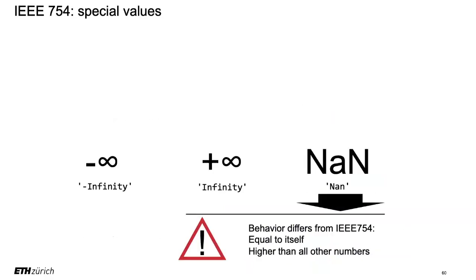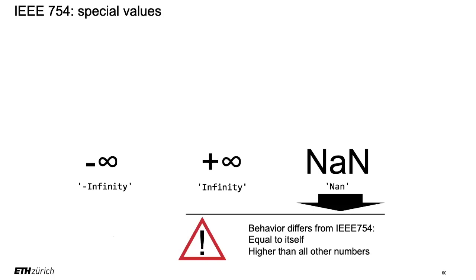Okay. Now, there is a bit more in IEEE 754. It's that unlike these integer types, there are also special values. The special values we have are minus infinity and plus infinity. There is also NaN. Do you know what NaN means? Yes? Not a number, exactly. It means not a number. How do we get them? Well, imagine that you divide by 0.